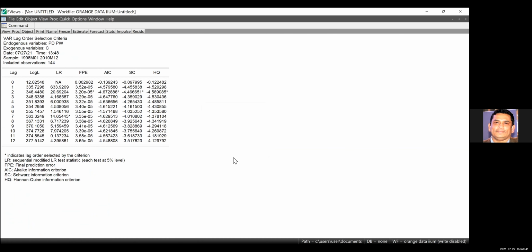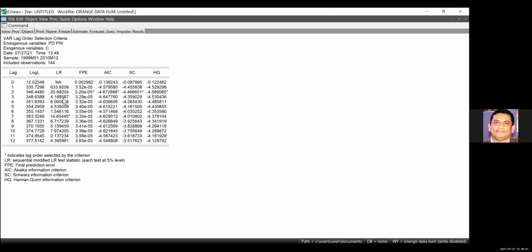So you can see that there are different tests: log likelihood ratio, final prediction error, AIC, SC, Hannan-Quinn. It's lag 1, lag 2, until lag 12, because I already put the 12 value.